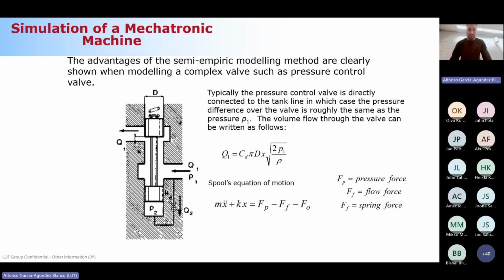So basically the idea here is that you have a valve from this connection to this other, and a volumetric flow rate denoted by Q1, okay?